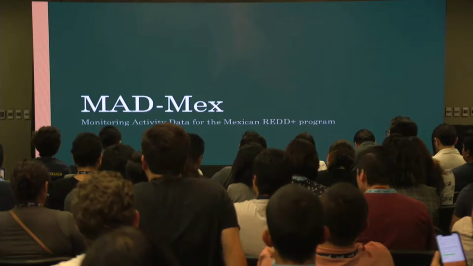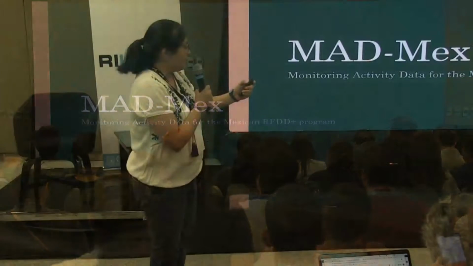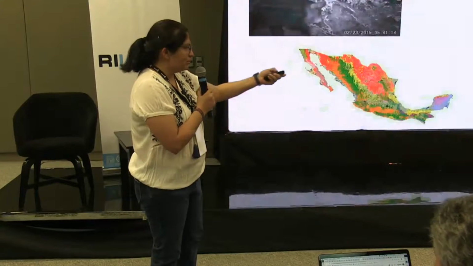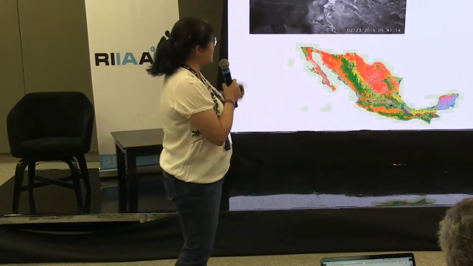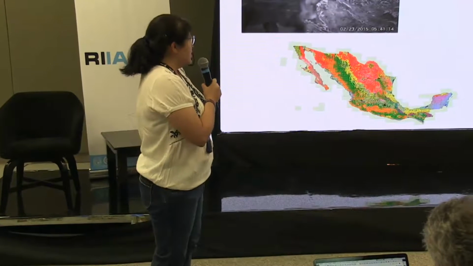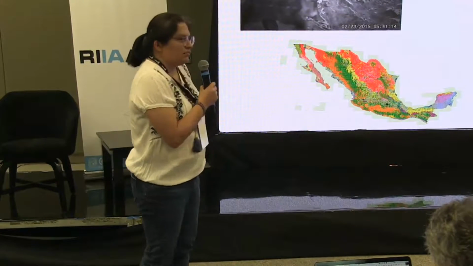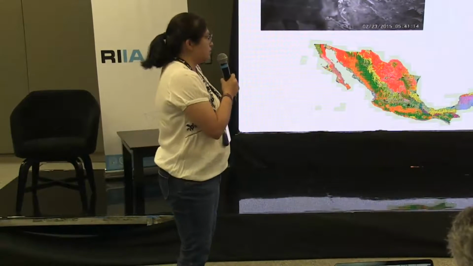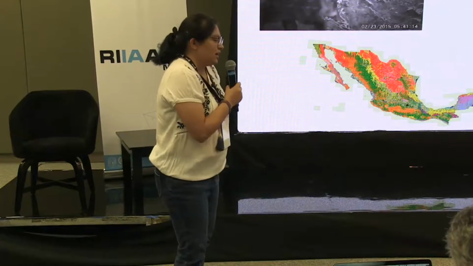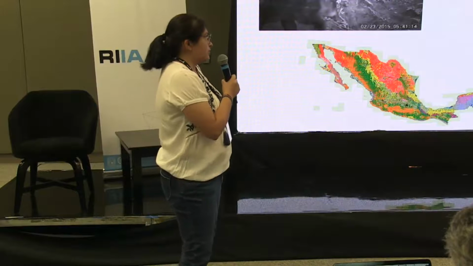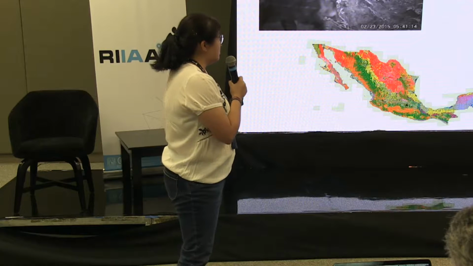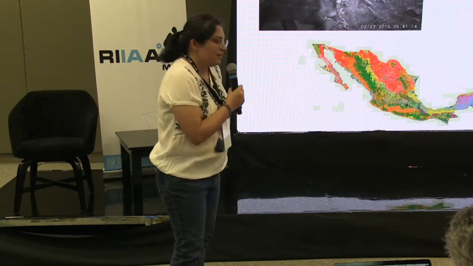Okay, I'm going to talk about MadMex, that was already introduced, but first I'm going to talk about CONABIO. For those of you that don't know CONABIO, it is the Mexican Commission for the Knowledge and Use of Biodiversity.